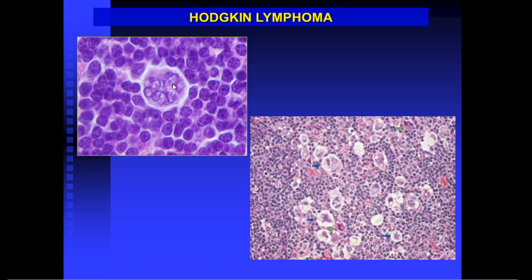Here, as you see, there are a lot. This cell is called an LP cell, also specific for Hodgkin lymphoma, but I underline again and again, diagnostic cell. Diagnostic cell means that if you see this cell, this is for sure Hodgkin lymphoma. So the only diagnostic cell is Reed-Sternberg.